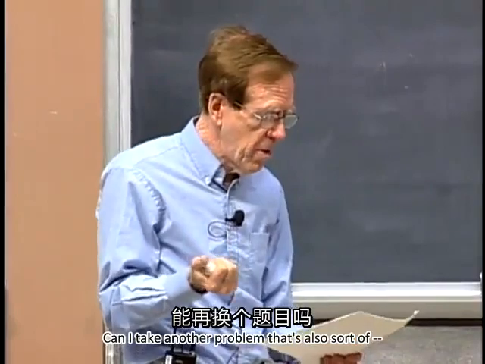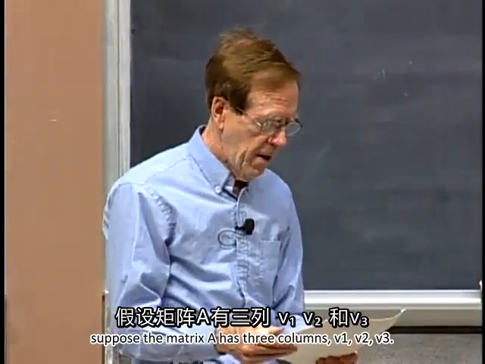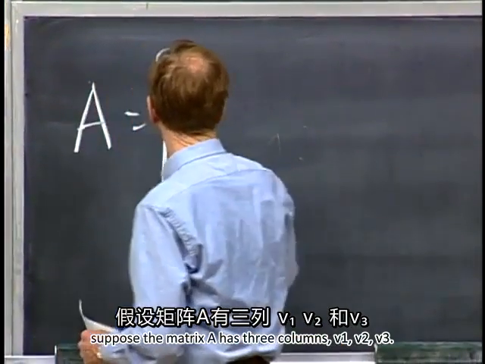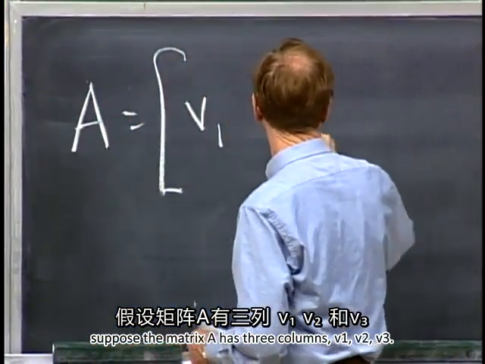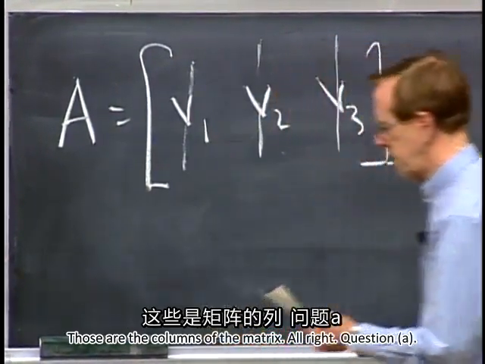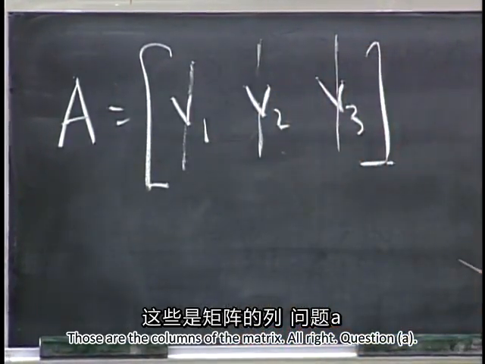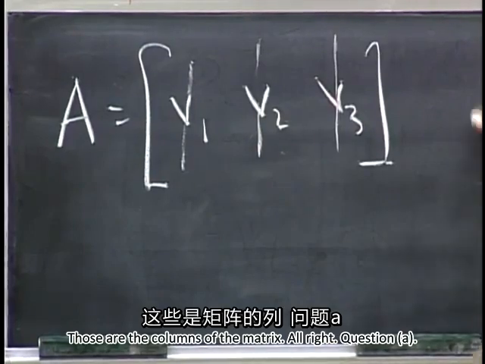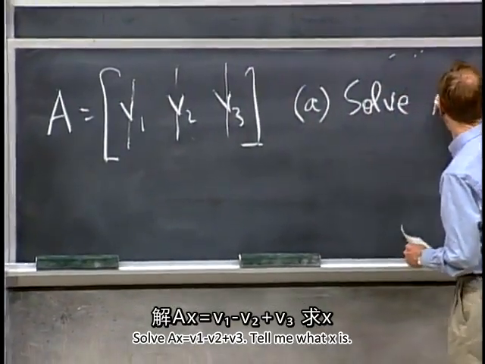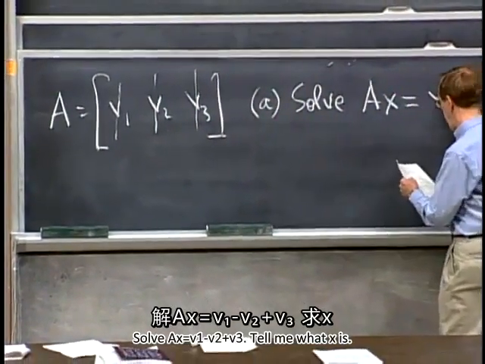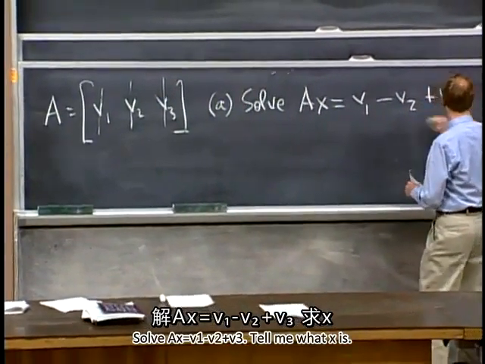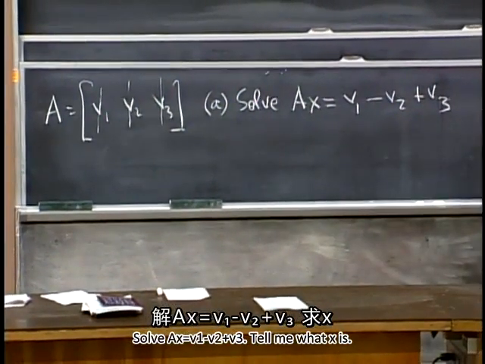Can I take another problem that's also sort of, suppose the matrix A has 3 columns, V1, V2, V3. Those are the columns of the matrix. All right. Question A. Solve AX equals V1 minus V2 plus V3. Tell me what X is.